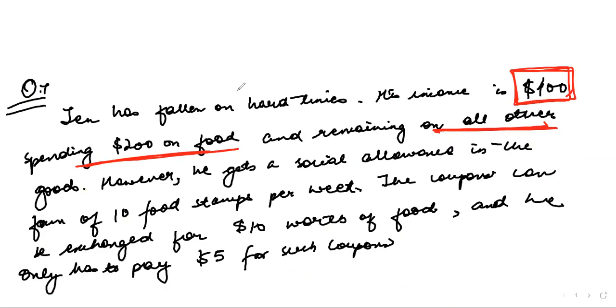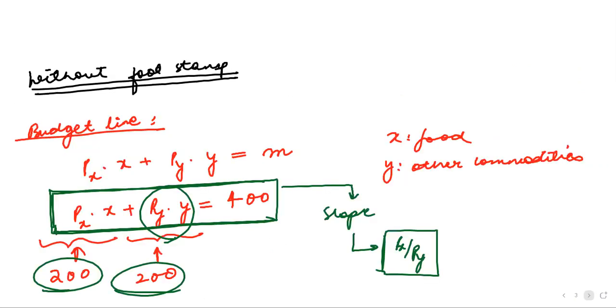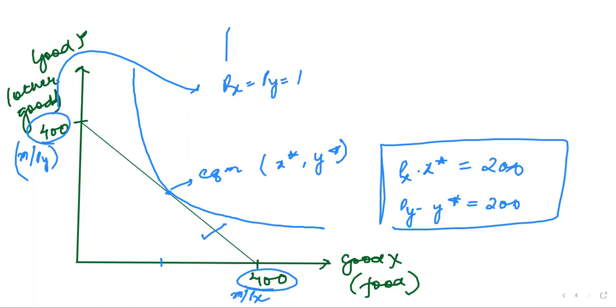So M by Px is 400, M by Py is 400, and Px and Py would become 1.